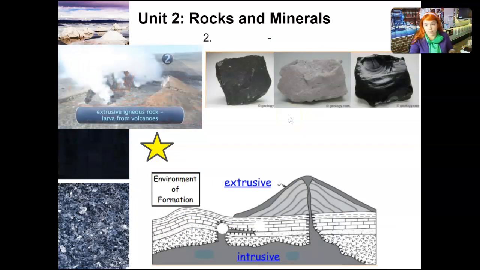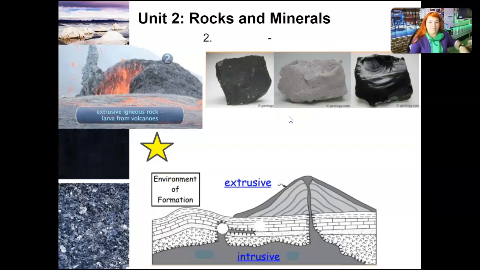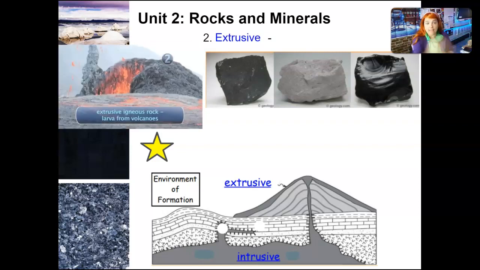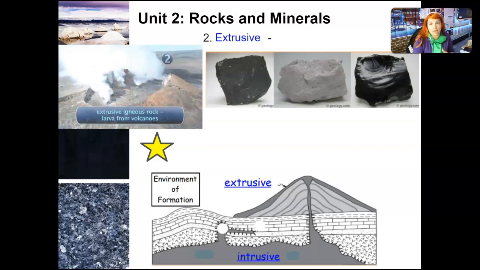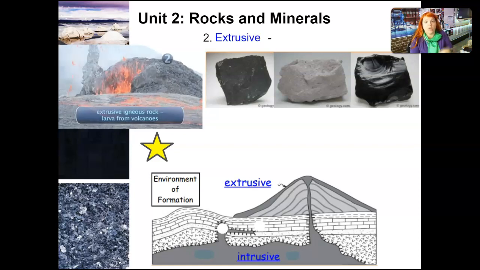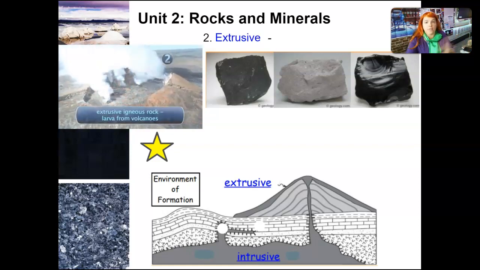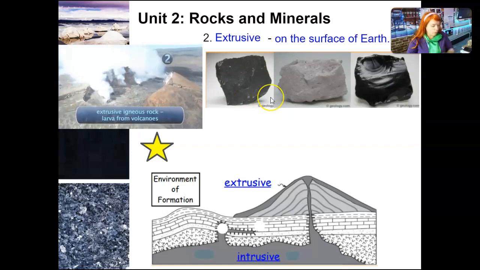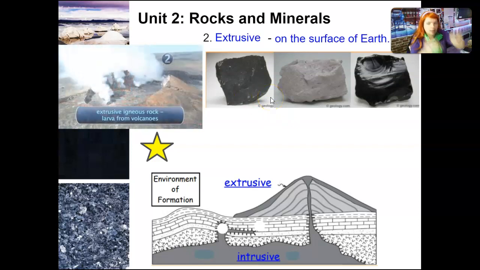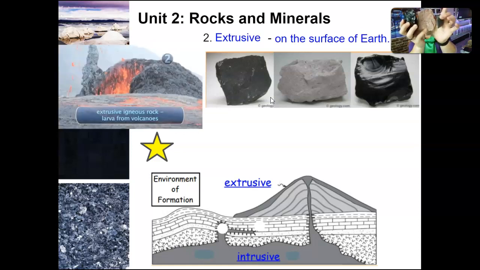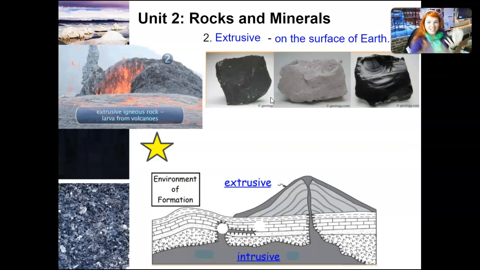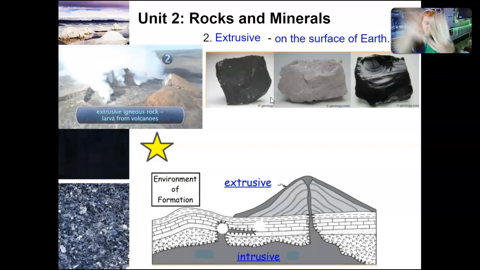The second type, which has my favorite type in there, is called extrusive. Exit, outside of the volcano. Instead of inside, intrusive, it's extrusive. It exited the volcano. These form on the surface of the earth. So you have these types right here, and these two right there.